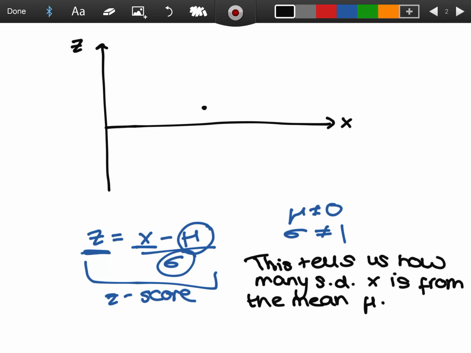So it just tells me how many standard deviations I am away from the mean for each of my data points x.